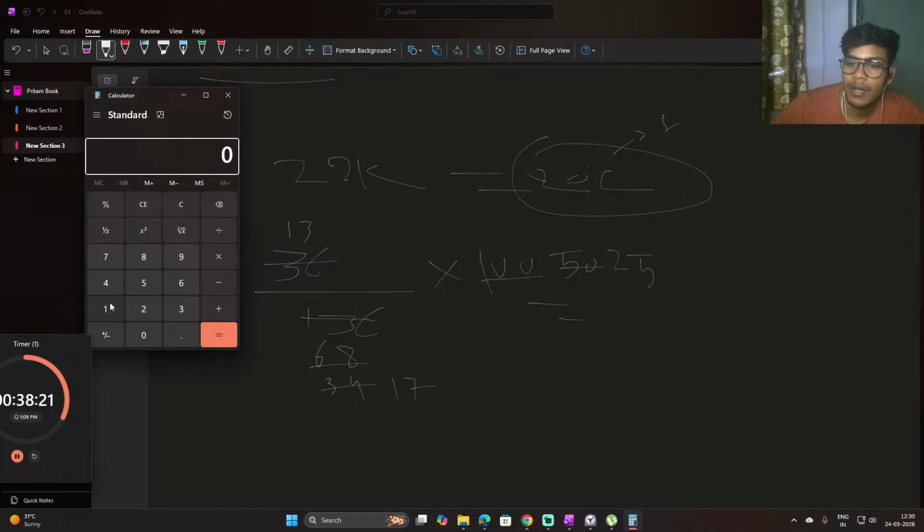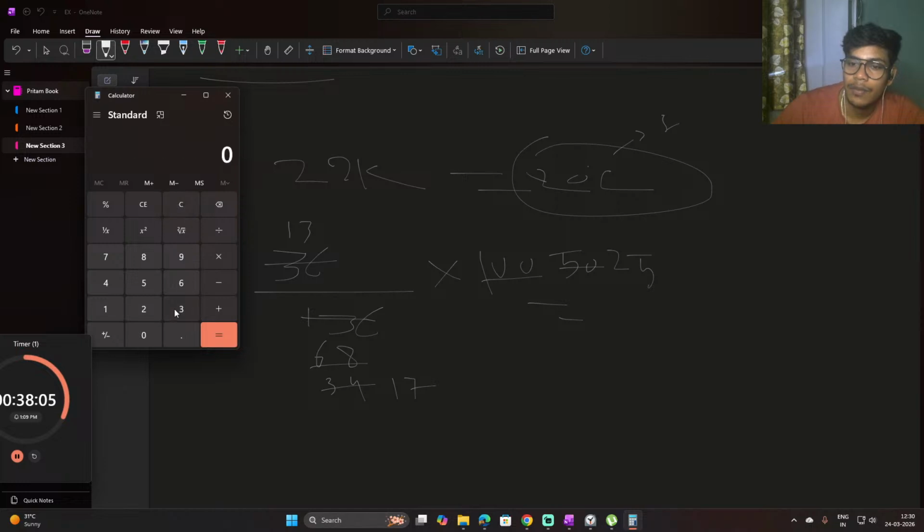If we use the calculator like this, into 25, we get 19.11 here.